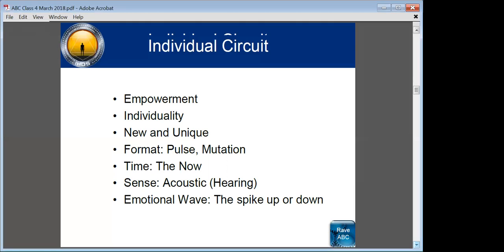So mutations, I remember many years ago, I used to use the word all the time, and someone said, what the heck does that mean? What is mutation? Well, individuality is mutative. The activation sparking the new or the unique. If you think about nature, we talk about a mutant, a species that's a mutation.